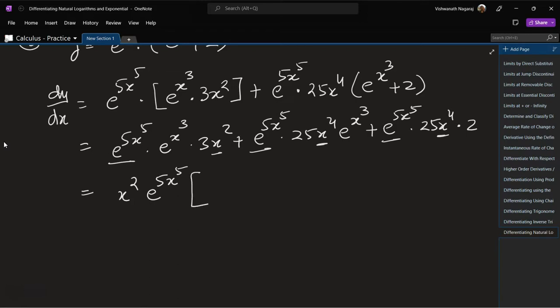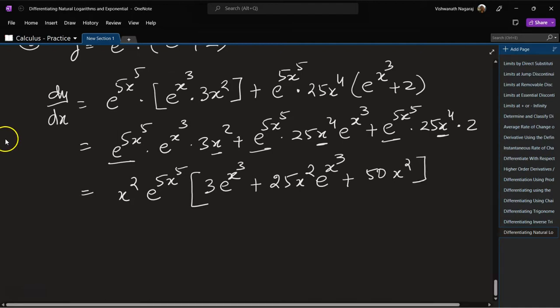So what are we left with? 3 e to the power of x to the power of 3 plus, here we have 25x to the 4, x square has gone out, so 25x square e to the power of x to the power of 3 plus, here 2 times 25, so 50x square. So that is the derivative.